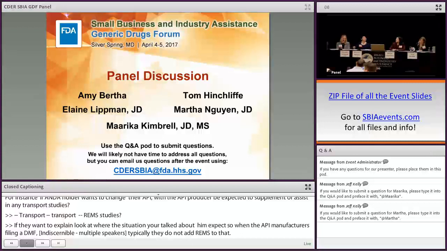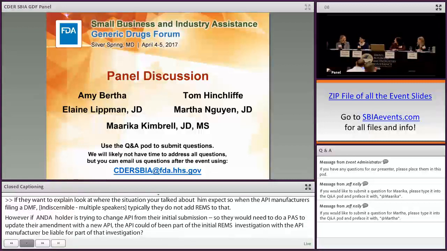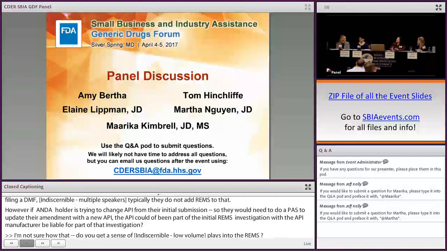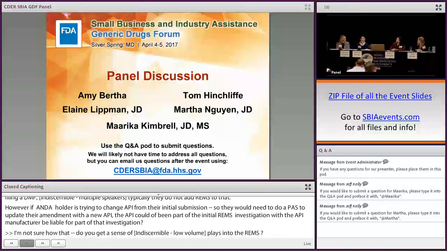The API could have been part of that initial REMS investigation. Would the API manufacturer be liable for part of that investigation? I'm not sure how that plays into the development of a REMS.